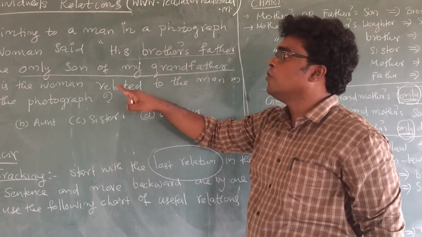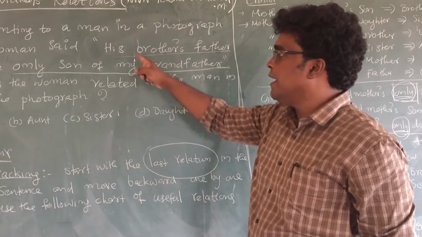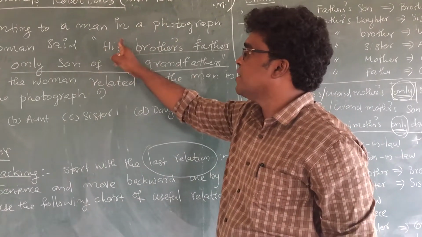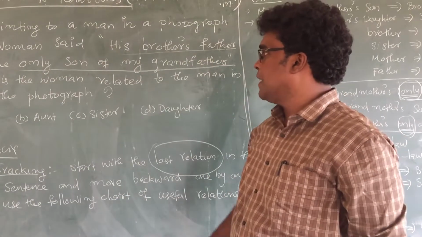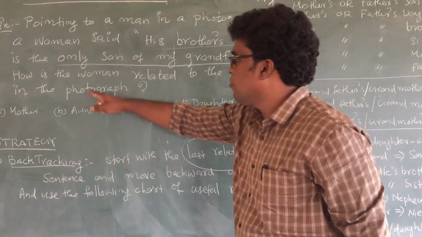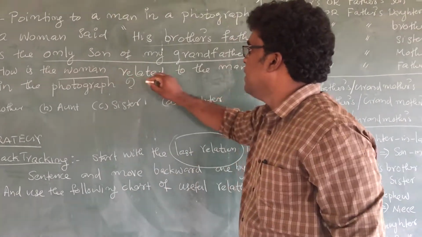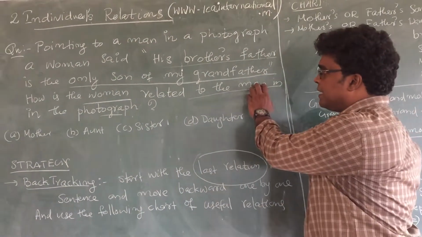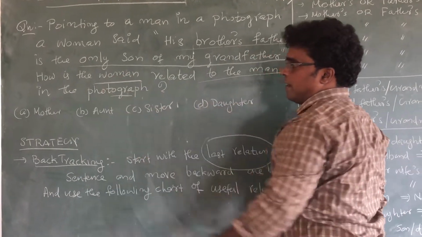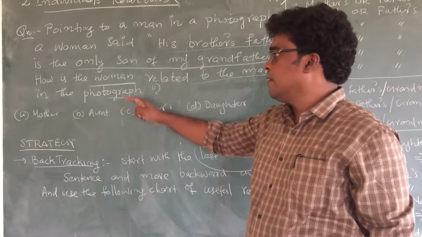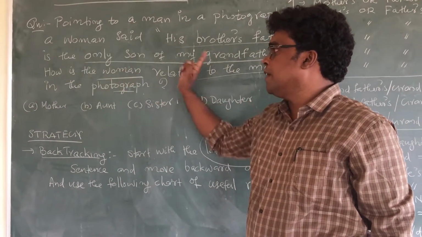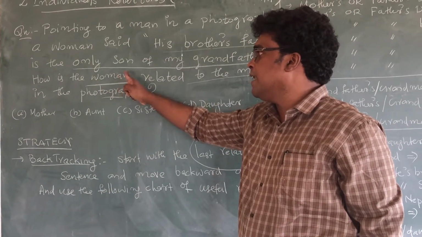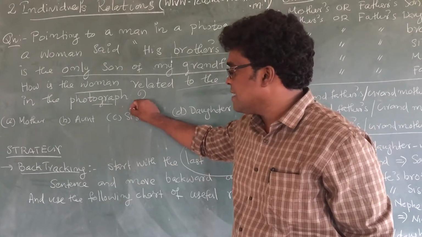So he, the man in the photograph, is also that woman's brother. The question is, how is the woman related to the man in the photograph? The man in the photograph is the brother of the woman, so the woman will be his sister. So the answer is sister.